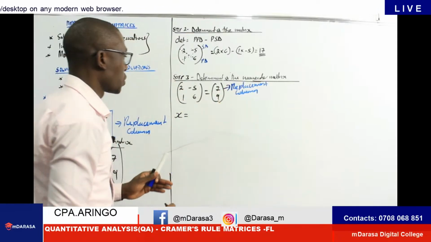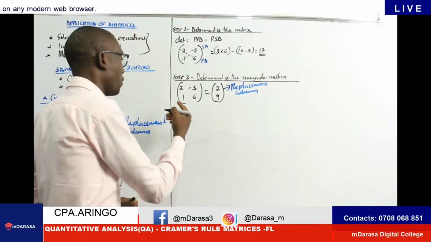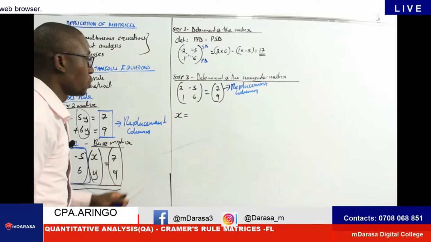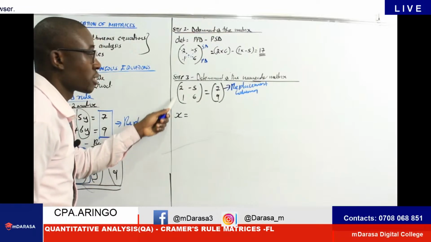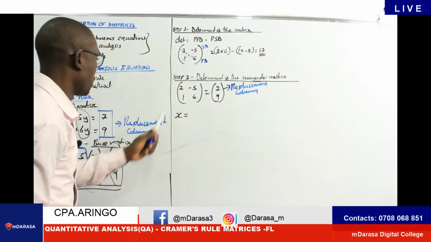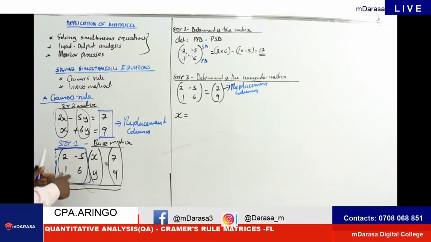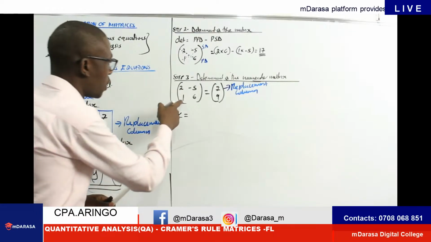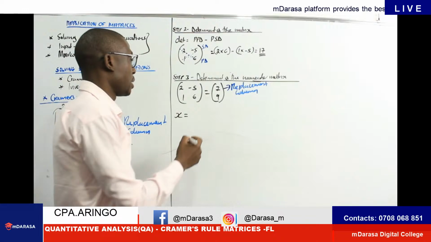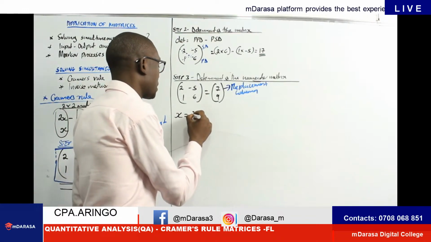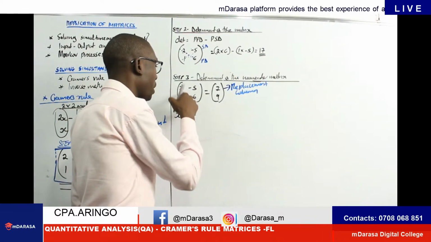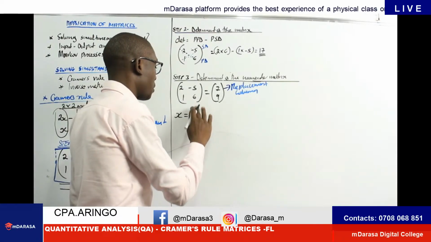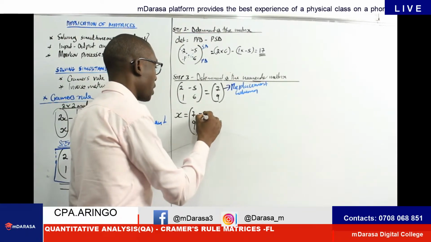In this case, my good students, Mwalimu is saying that if we want to determine the value of x, you replace the column of x with the replacement column. So in our matrix here, we should be talking of 7, 9. In that case, we've replaced that, which in this case gives me 7, 9 and negative 5, 6.